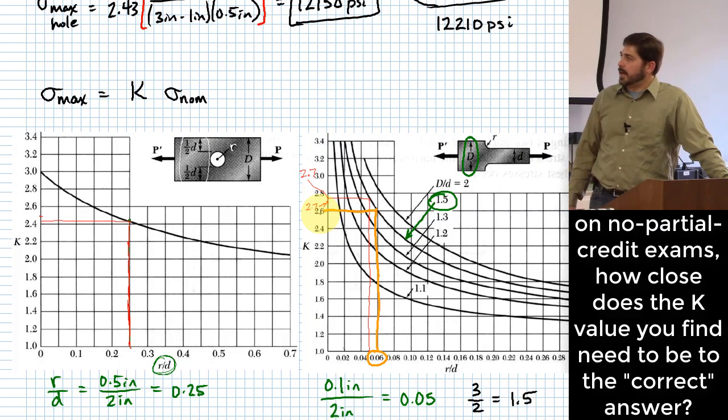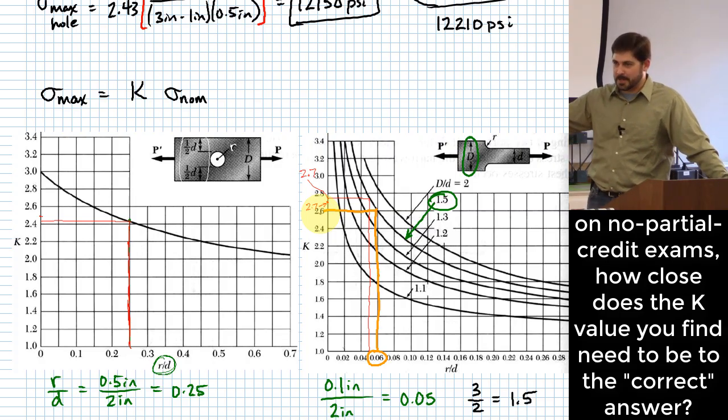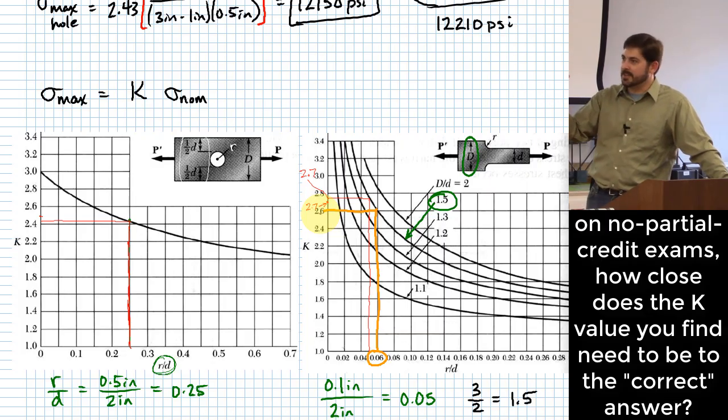Another thing we can do is give you results with only a couple of digits of precision. We'll say, is it 2,500 PSI, or 2,700 PSI, or 2,900 PSI, right?